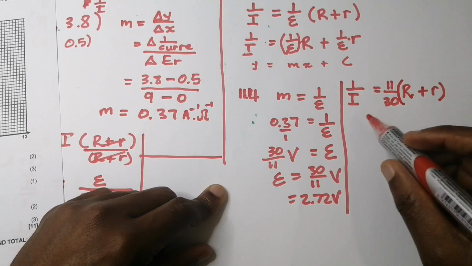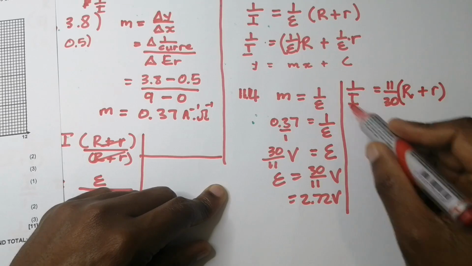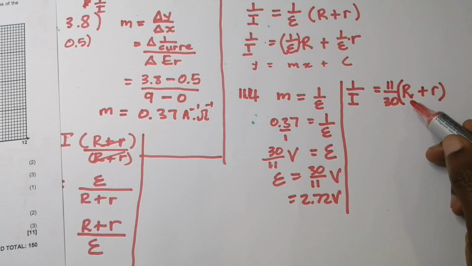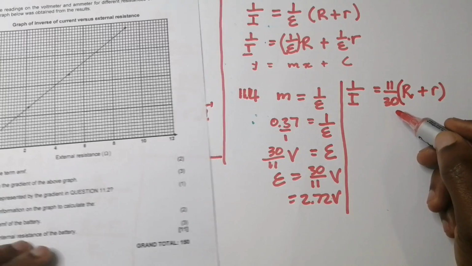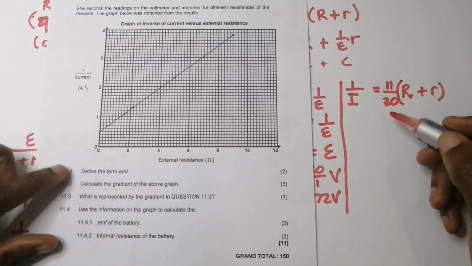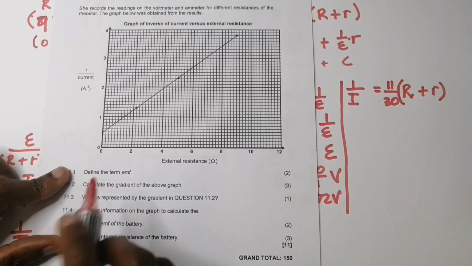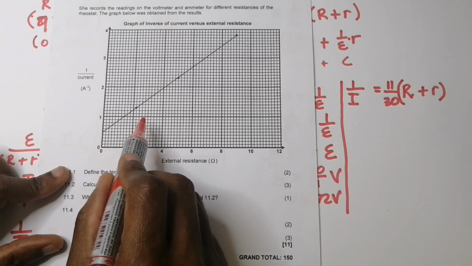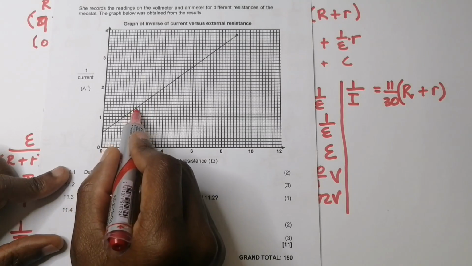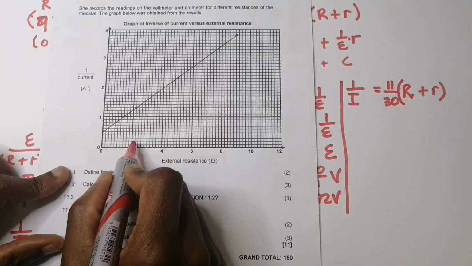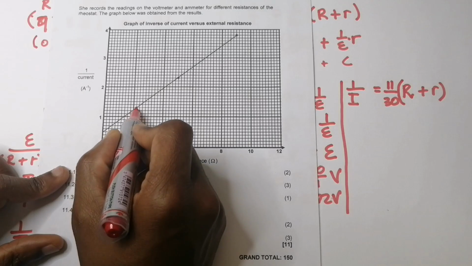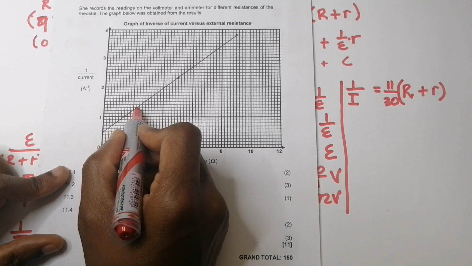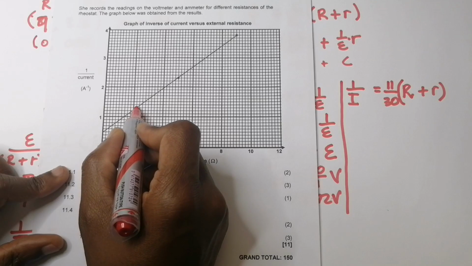Now all that I need to do is get one point from the graph and substitute it for the 1 over current value as well. Let's take any point on our graph, let's take the point there. This is where x is 2.1, and our y would be, let's see, 1, 2, 3, so that would be 1.3.